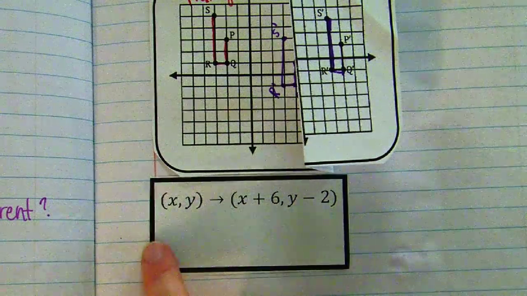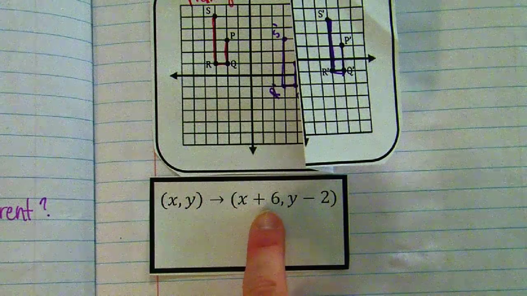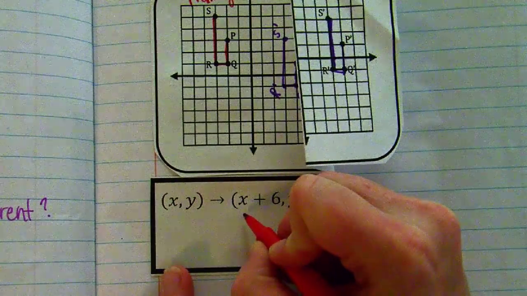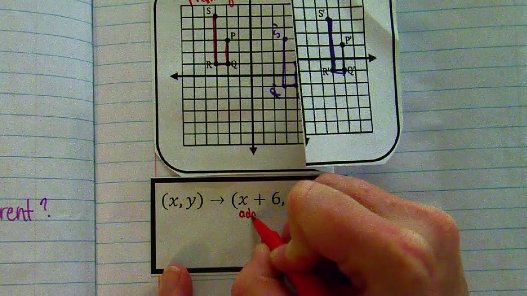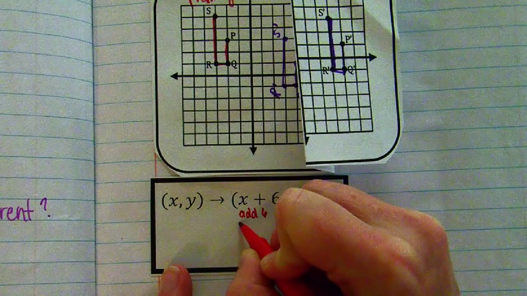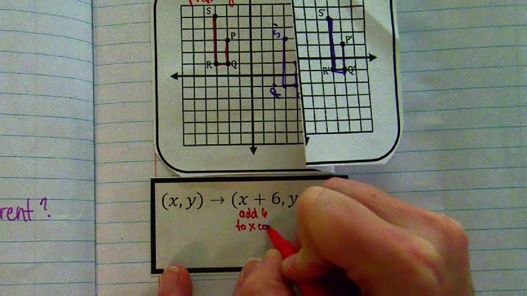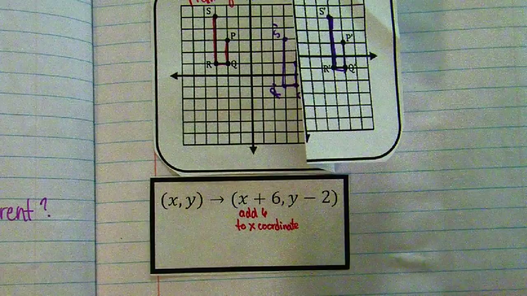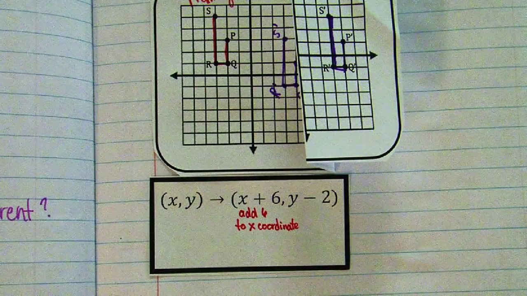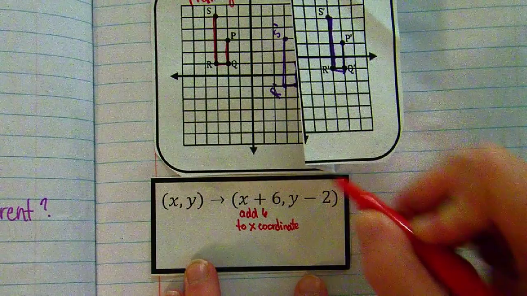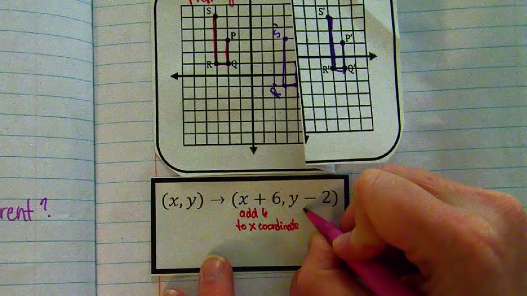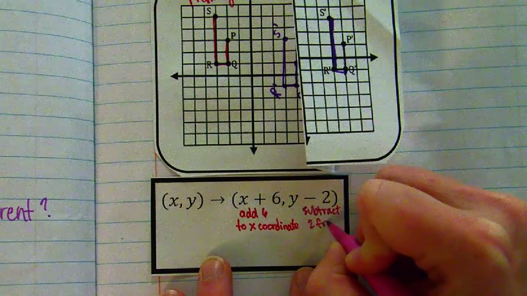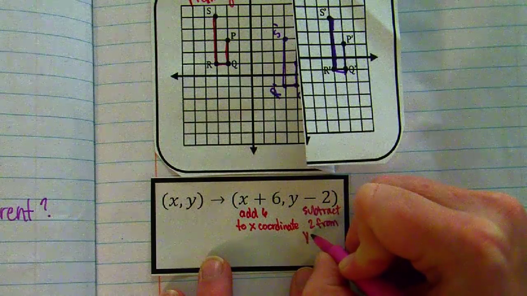So this is telling us our specific translation. What we did to each x-coordinate was that we could add 6 to the x-coordinate, and then to our y-coordinate we could subtract 2 from each y-coordinate.